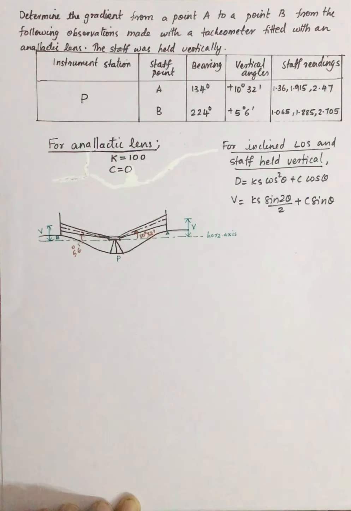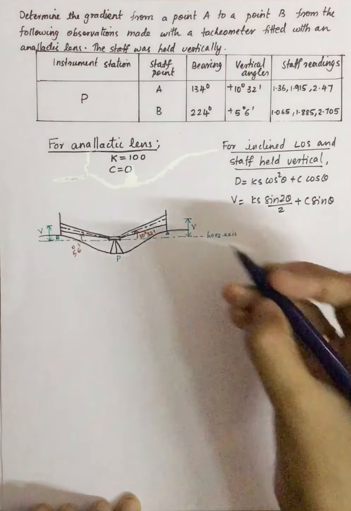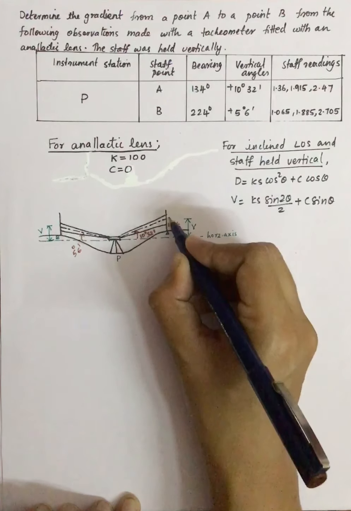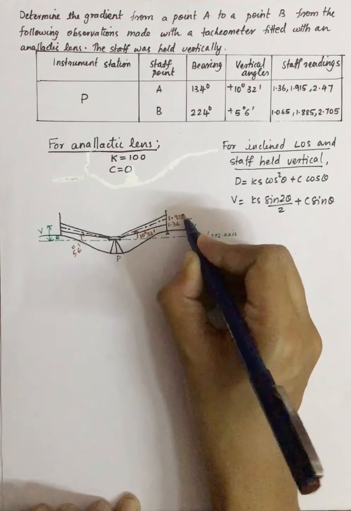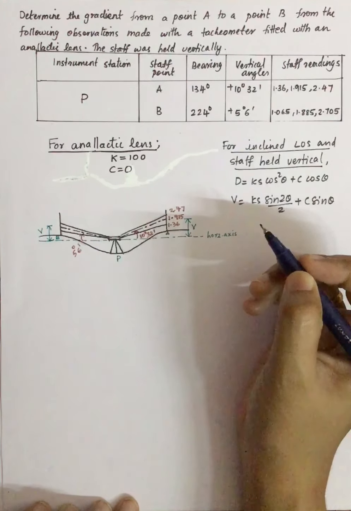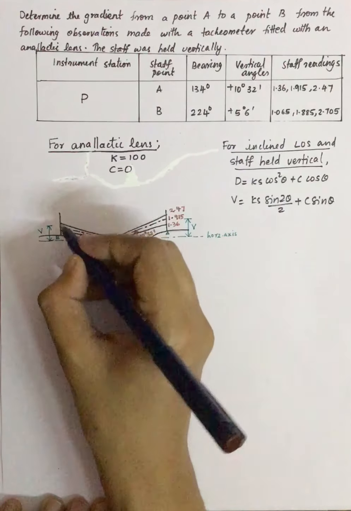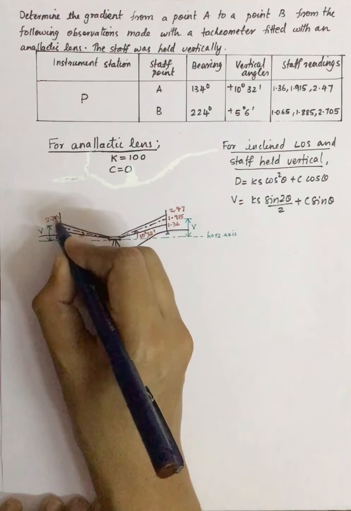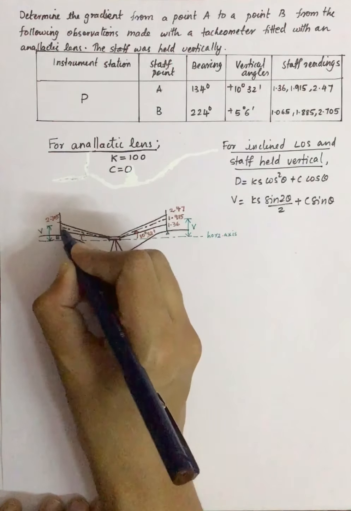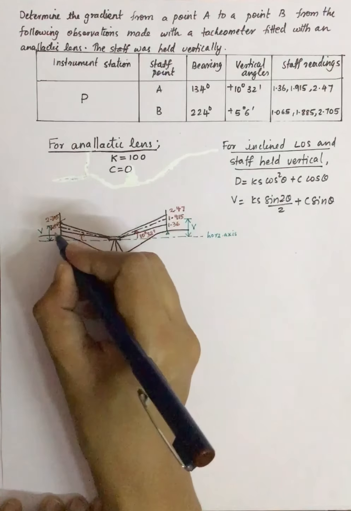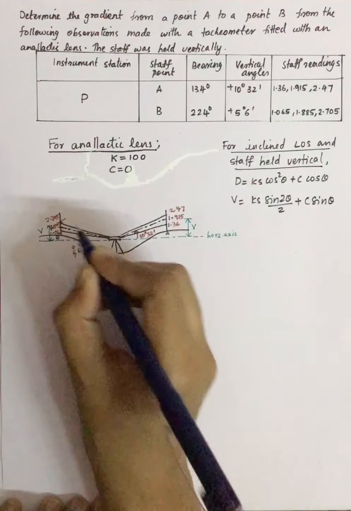Then three staff readings were given: 1.36, 1.915, 2.47. So you can write that at A it is 1.36, 1.915 and 2.47. Similarly for B also it is given 2.705, 1.885 and 1.065.